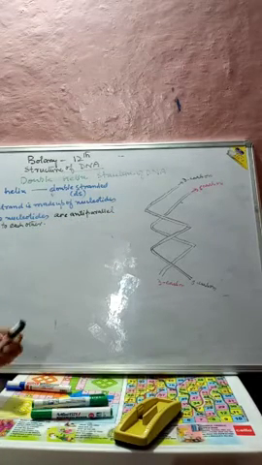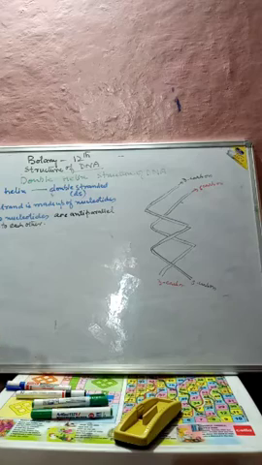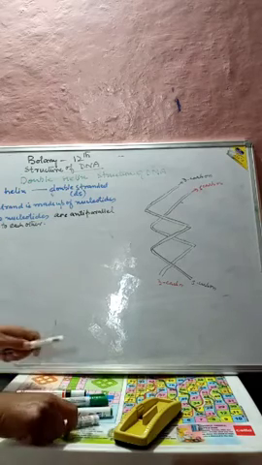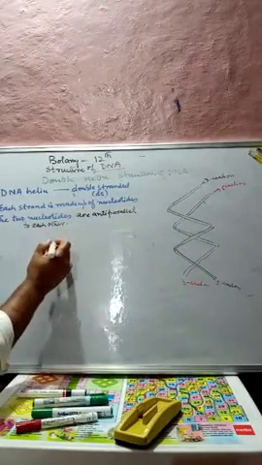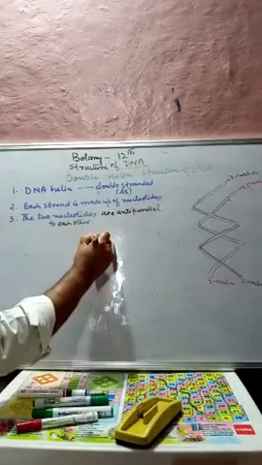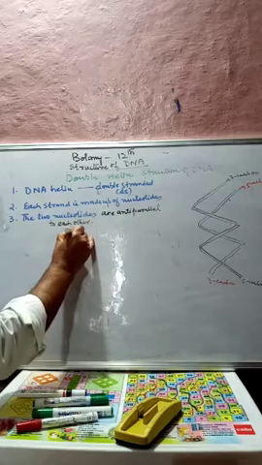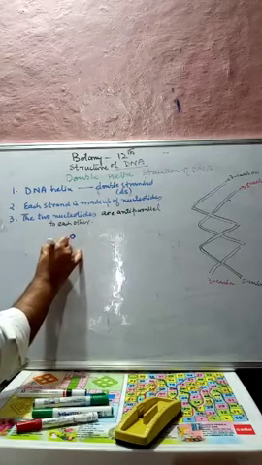Say we have what we call a nucleotide. Let us make the pentose sugar. See here, pentose sugar.